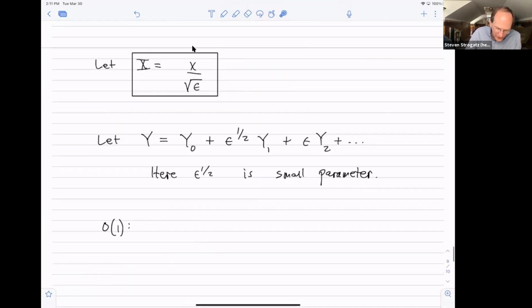So my governing equation, let me write it down, is Y_xx plus square root of epsilon, capital X squared, big Y sub x, minus big Y equals 0. That's my inner equation.